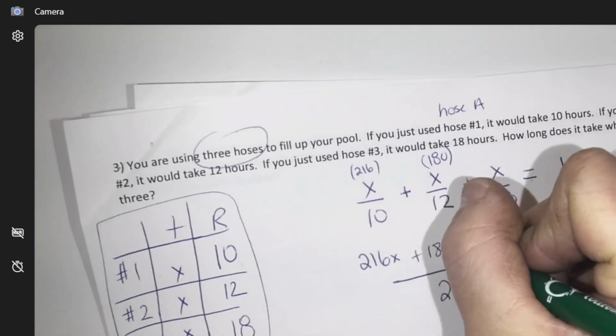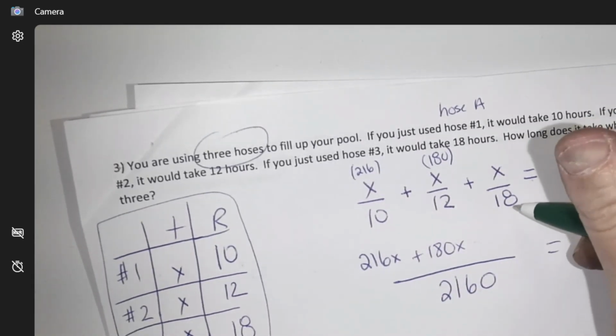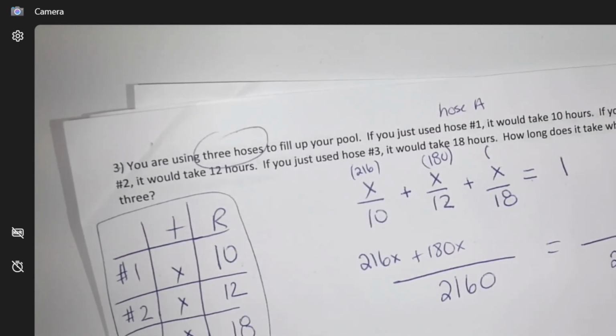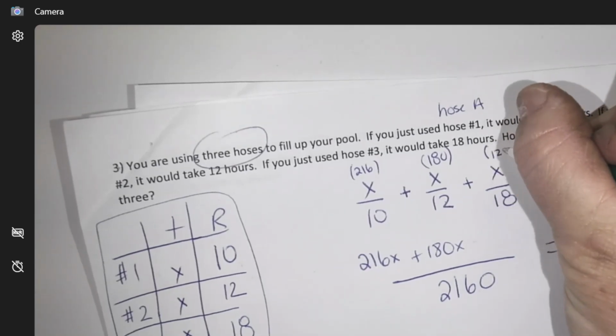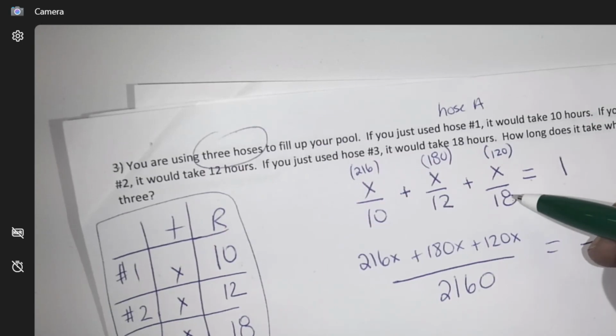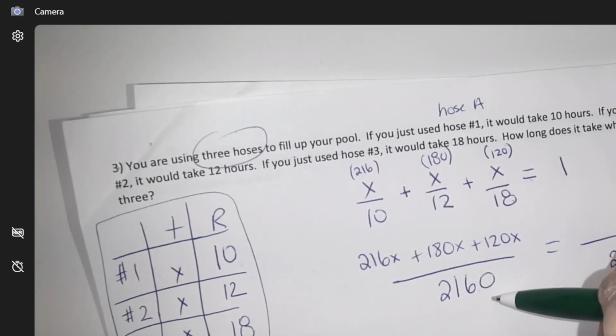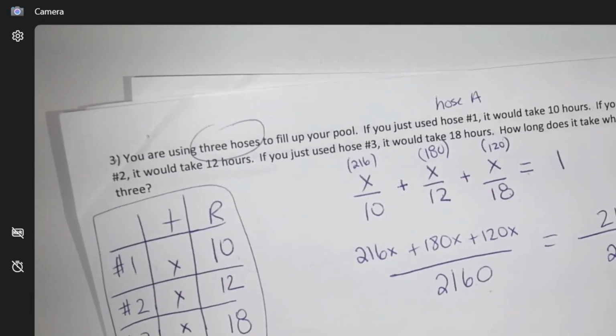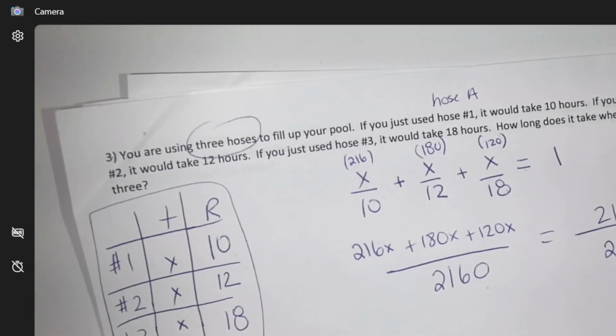So 180x. And then 18 times, is it 120? So 18 times 120 would get that. And then this is easy because writing 1 is just the same thing over the same thing, right?